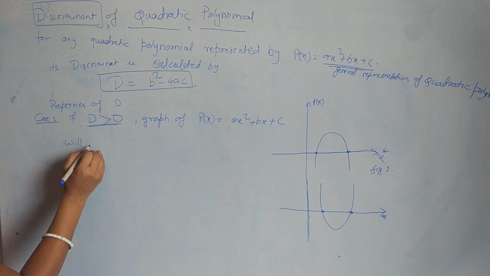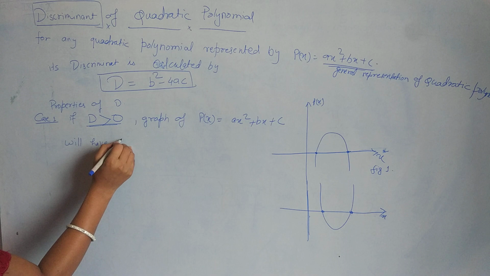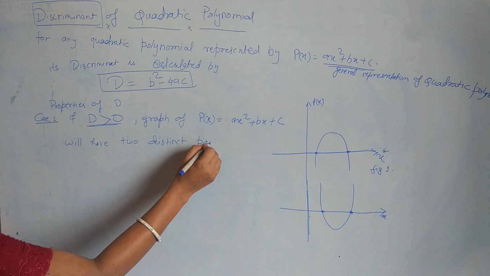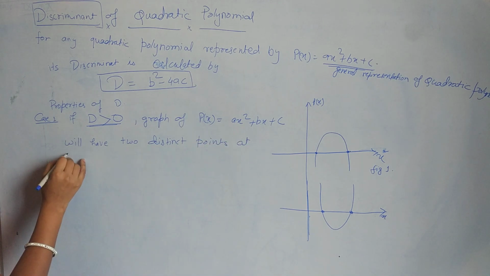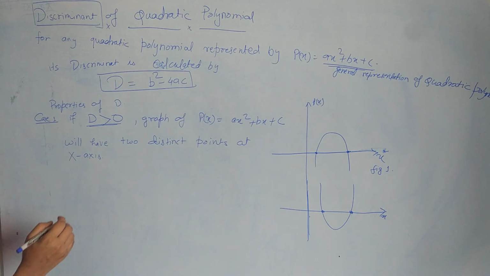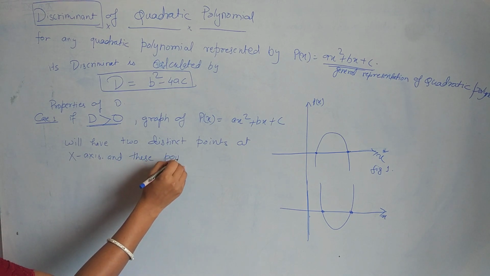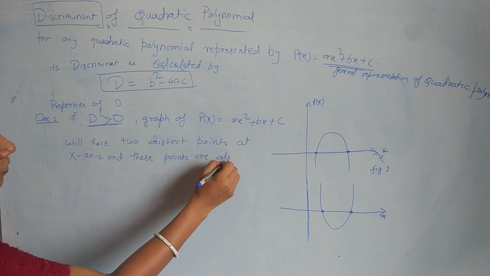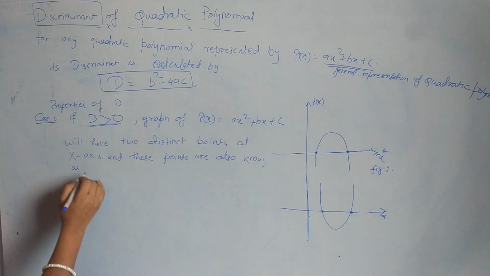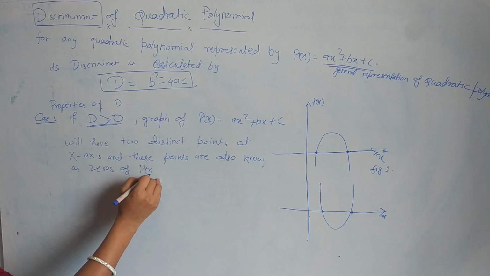The graph of P of x equal to ax square plus bx plus c will have 2 distinct points at the x-axis, and these points are also known as zeros of P of x.